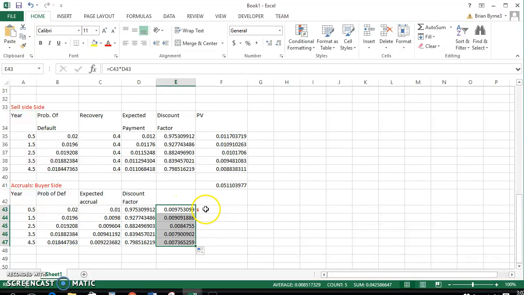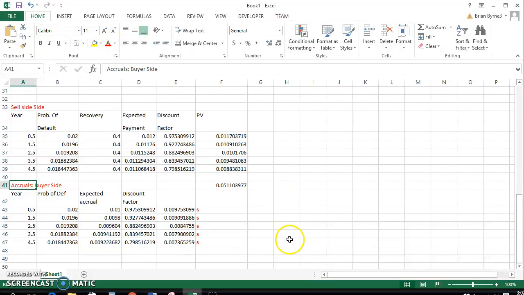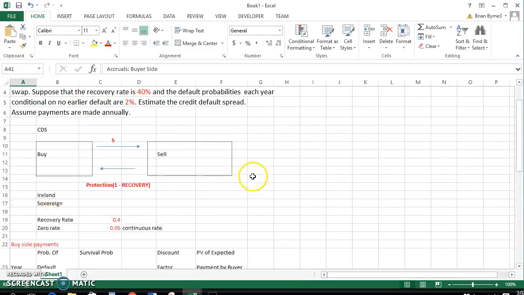And again, the probability of this occurring is small, and the amount involved is small. So again, these S's are small, but we must take them into account because there is an accrual there that must be reflected in the S's that's being paid.